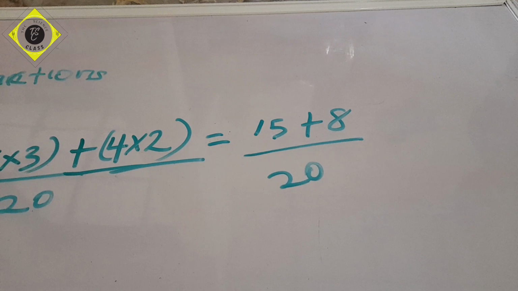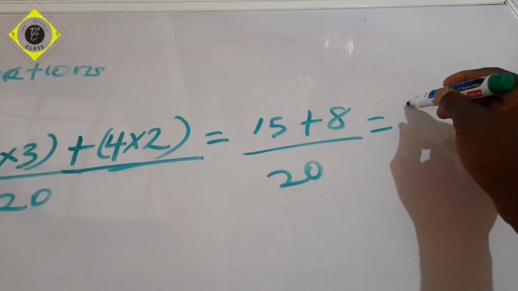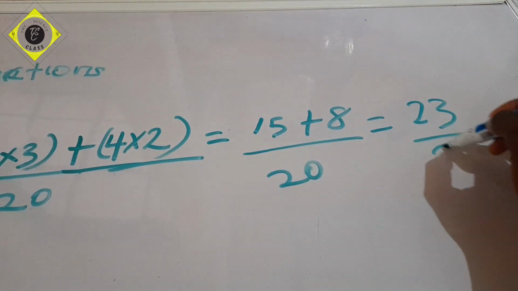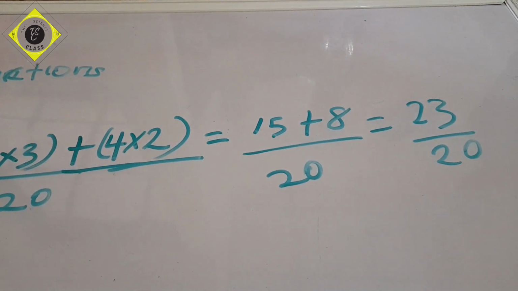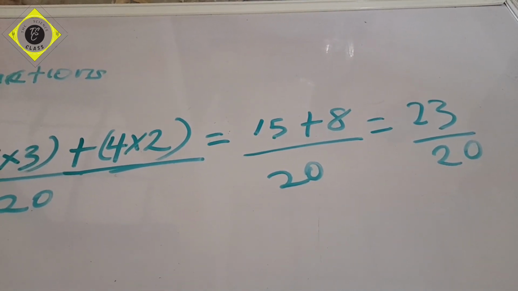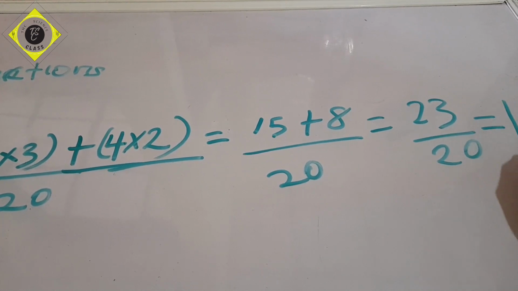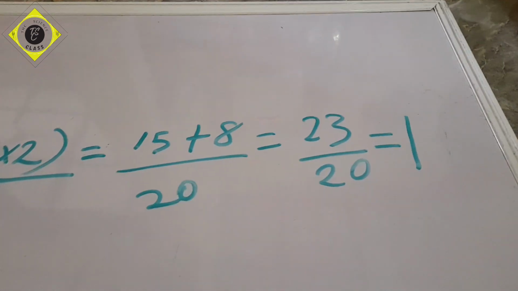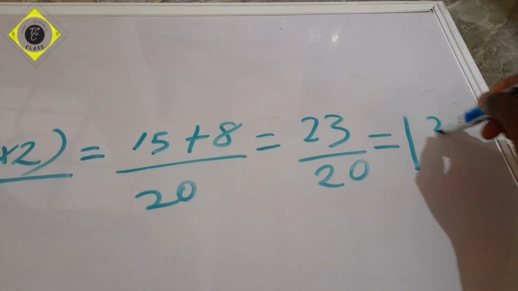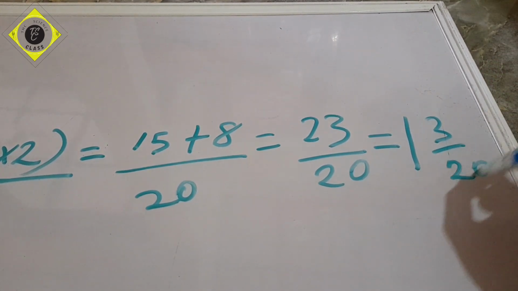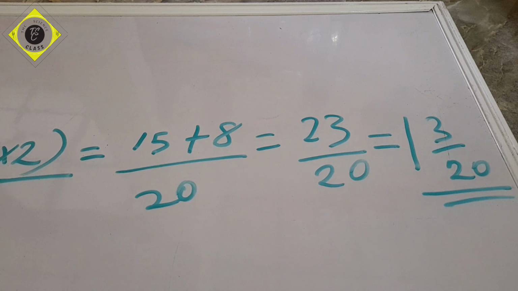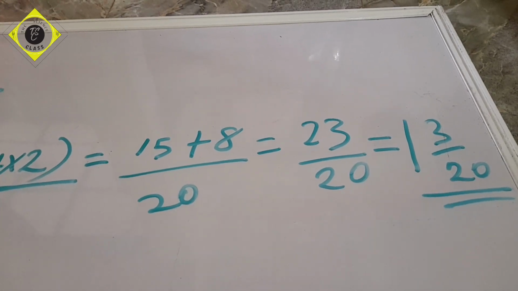Then you write your denominator. So you're going to have 23 over 20. By the time you convert this improper fraction to a mixed fraction, you have one whole number 3 over 20. You understand? So that is the solution to that.